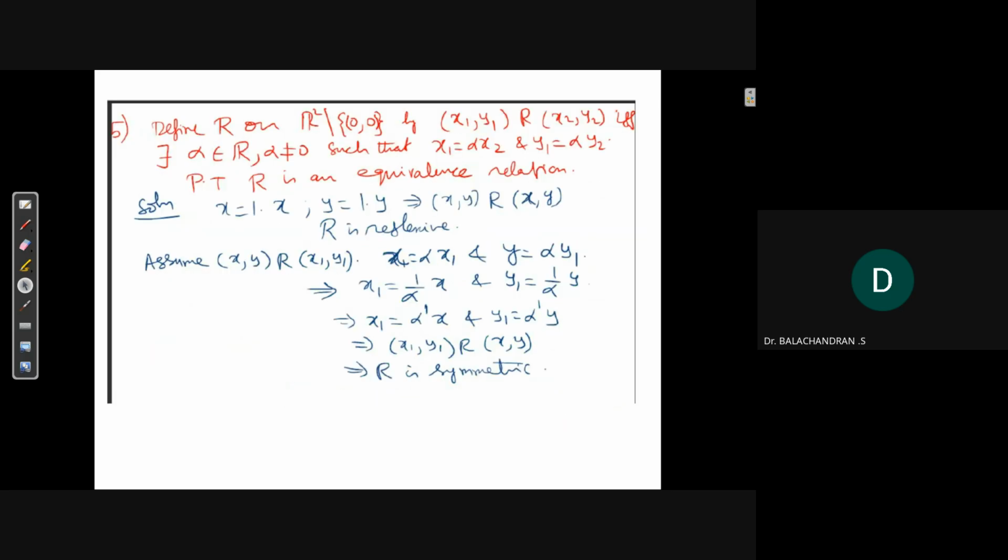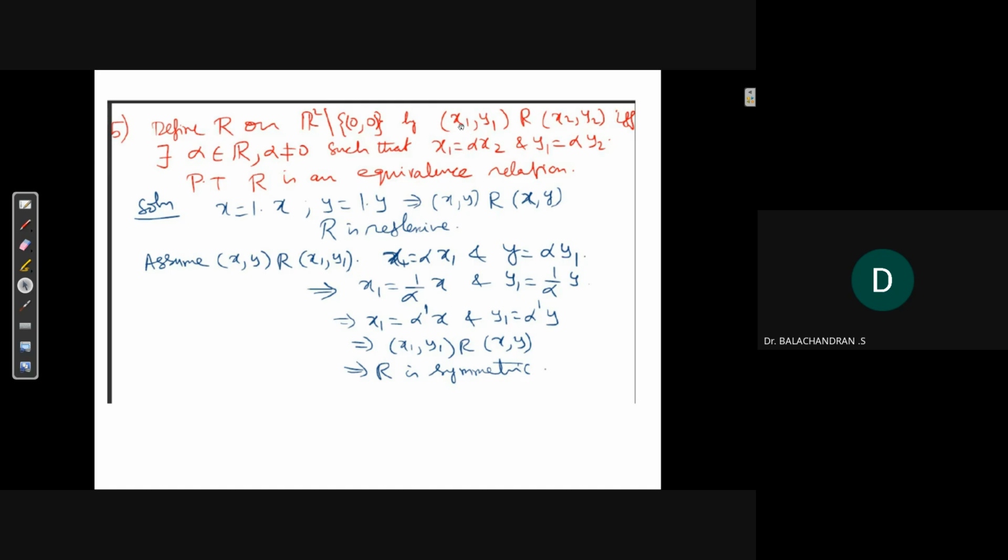So the next problem: define the relation R on R square, the two-dimensional plane other than the element 0, 0, by x1 comma y1 related to x2 comma y2 if and only if there exists some non-zero alpha in R such that x1 is equal to alpha into x2.